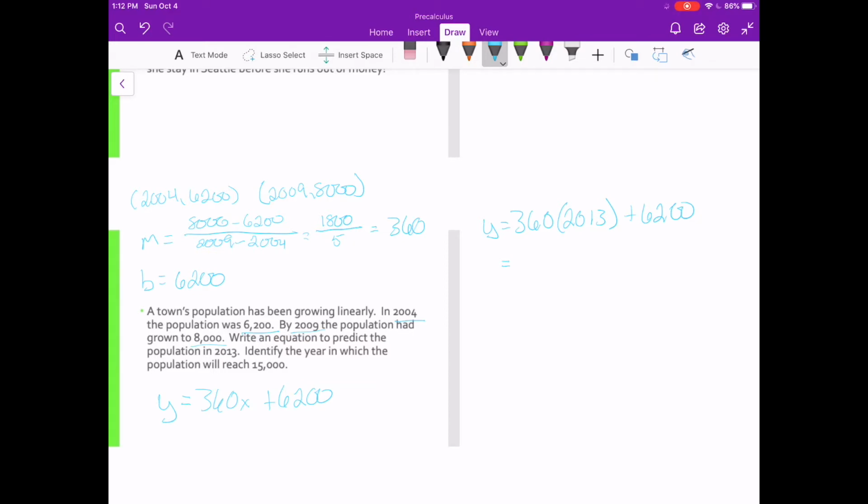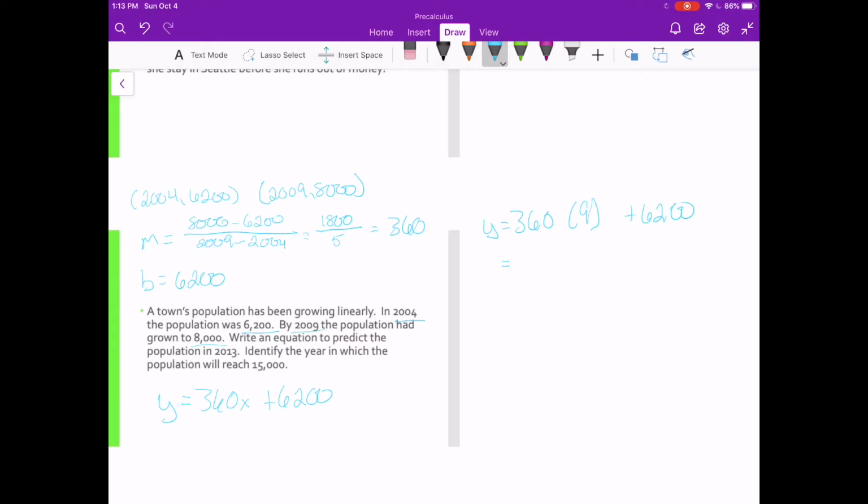Actually, I just made a mistake. So x is the number of years. Okay. So how many years has it been from 2004 until 2013? Well, it's been 9 years. So x is actually going to be 9 in this case.